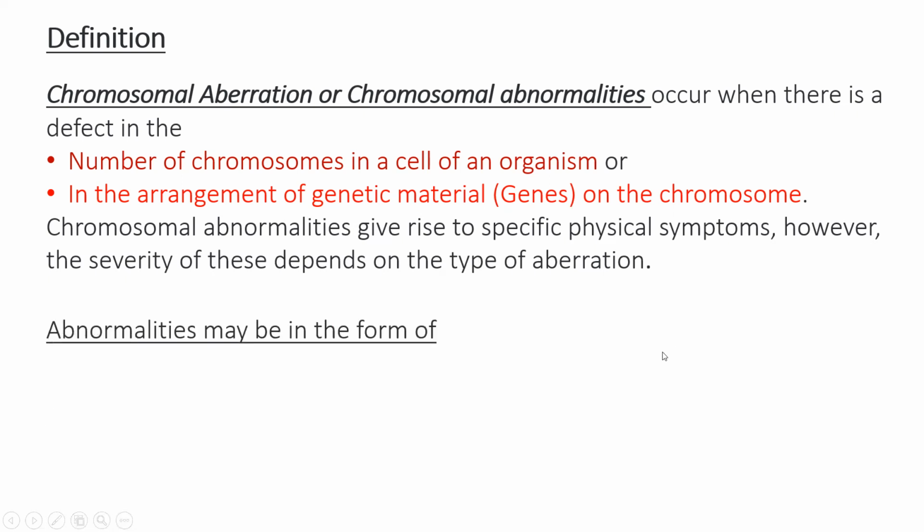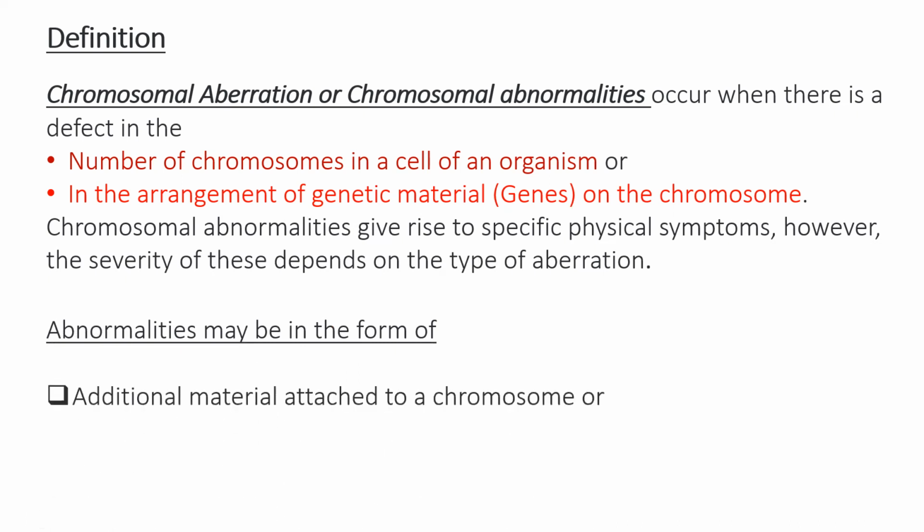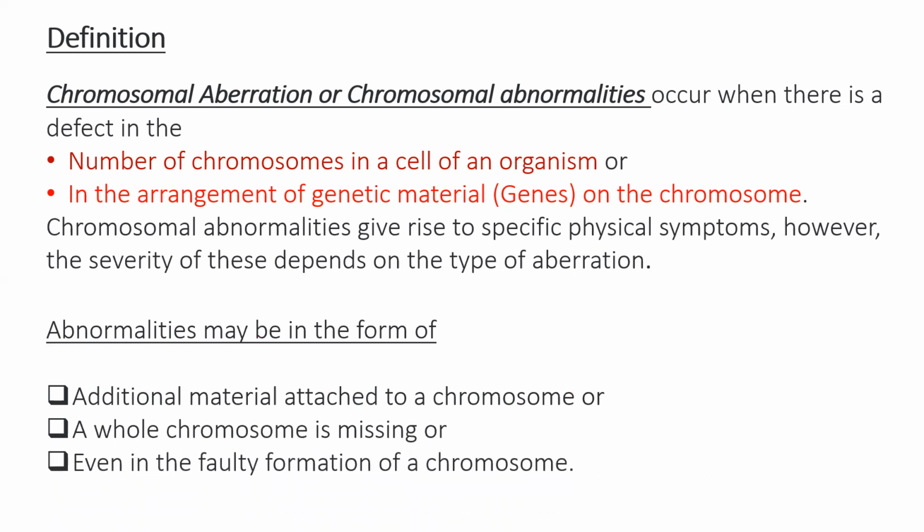These abnormalities may be in the form of additional material attached to a chromosome rather than the normal material, a whole chromosome missing, or even faulty formation of the chromosome. So you can observe this abnormality in these three forms.